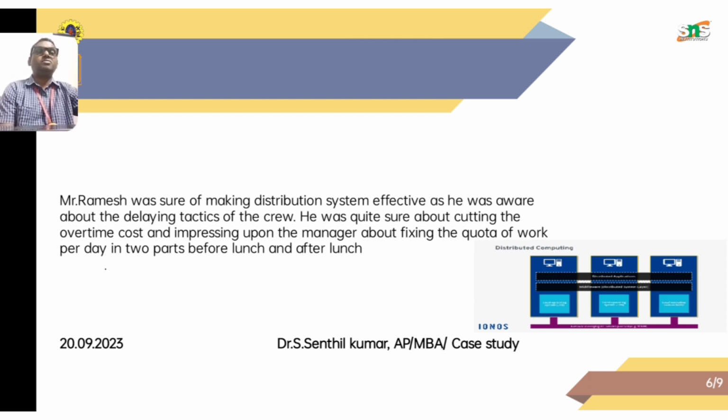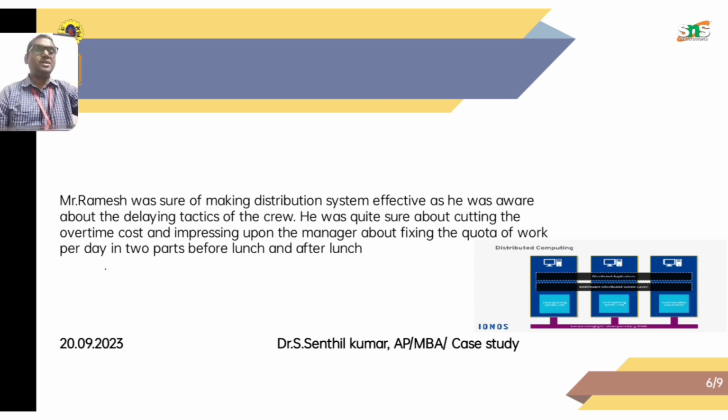Ramesh was sure of making the distribution system effective, as he was aware of the delaying practices. So previously the product was not going in time, not delivered in time. The product was not maintained well, and he was quite sure about cutting the overtime cost and impressing upon the manager about fixing the quota of work per day, in two parts: before lunch and after lunch.